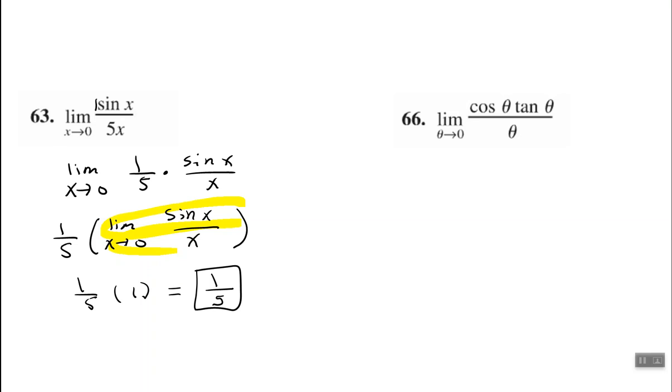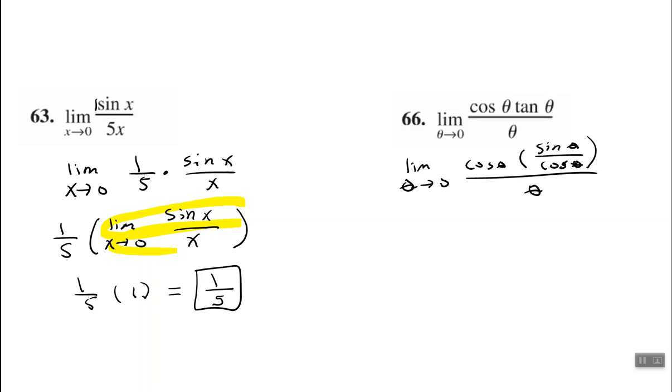All right, and the last problem is the limit of cosine theta times tangent theta all over theta as theta approaches zero. So we've got to start manipulating and simplifying this thing. The first thing we want to do is rewrite that tangent of theta as sine over cosine. So we have cosine of theta, and then tangent of theta, and we can rewrite that as sine of theta over cosine of theta, all over theta.